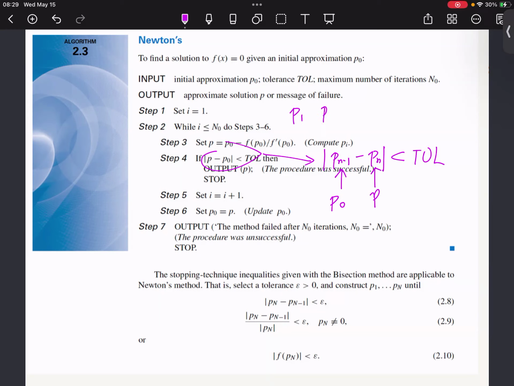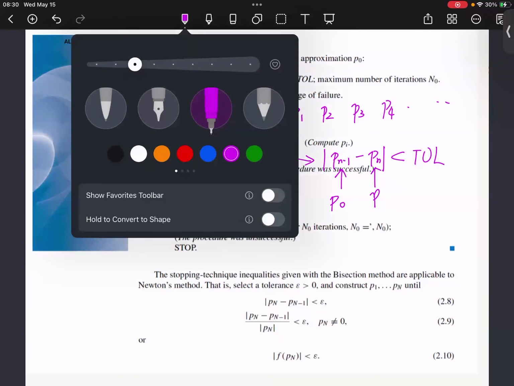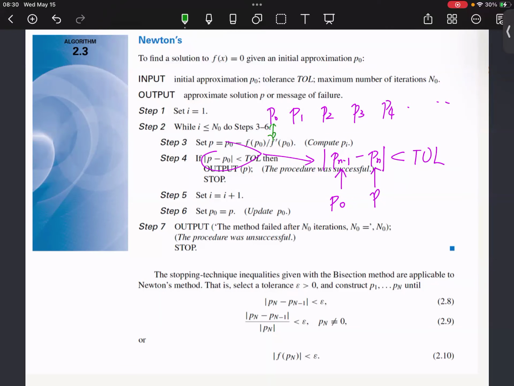It's just like updating these 2 numbers. So let's see, P1, P2, P3, P4. For the first iteration, this is the P0 in this iteration, and this is the P in the first iteration.